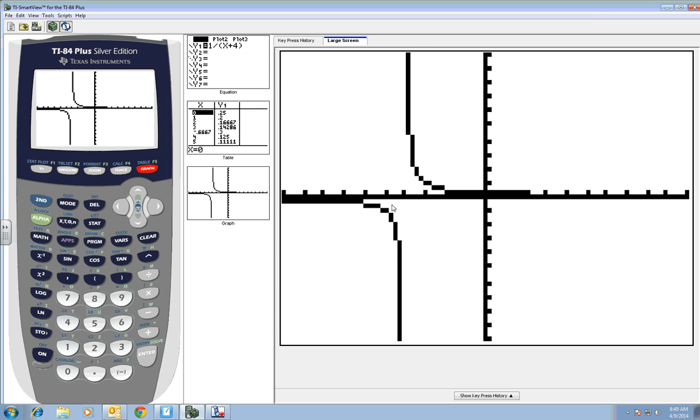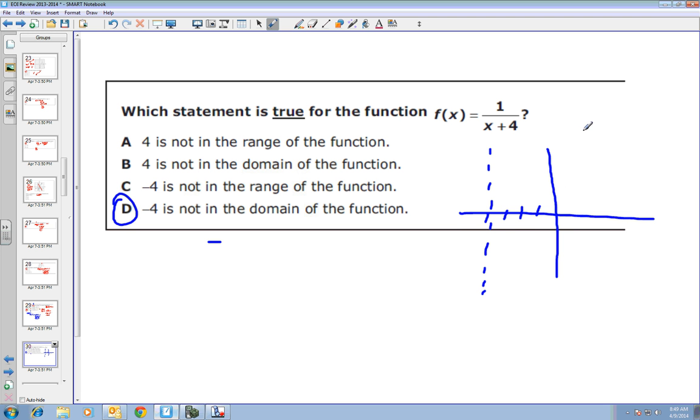It doesn't ever cross that space. That's where a vertical asymptote is. And the shortcut to find your vertical asymptotes: set the denominator equal to 0 and solve. That will show you where your vertical asymptotes are, and that's also where the domain does not exist.